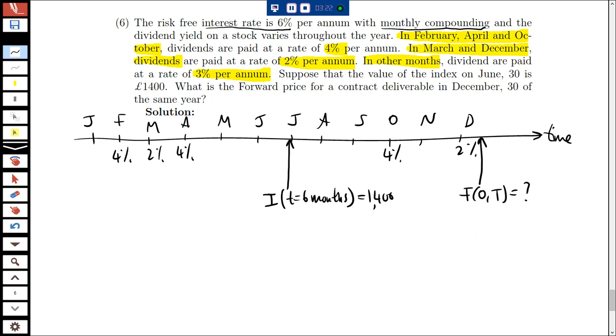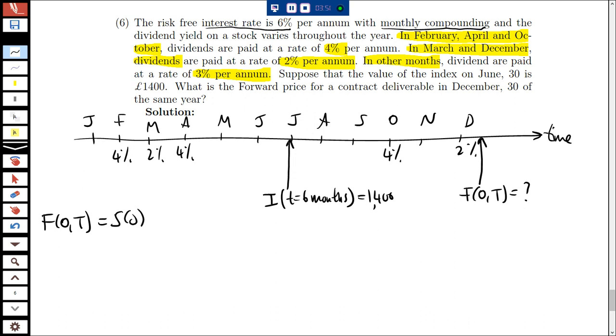Okay, so for these questions where there is some yield on an asset, we need to use the following formula, which is in the formula sheet available in the exam.